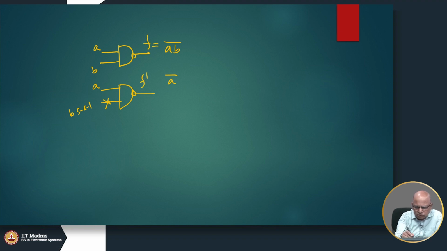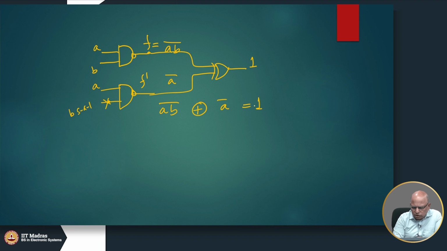So, I can put an exclusive OR gate here and insist that this must be 1. Okay. So, in other words, AB whole bar XORed with B bar, I am sorry, XORed with A bar should be equal to 1. So, under what conditions will that be true? Okay.